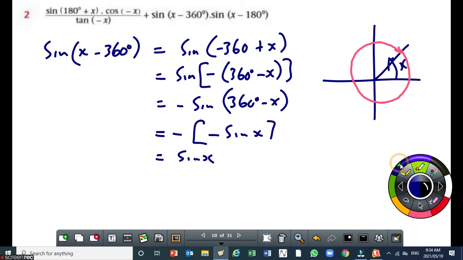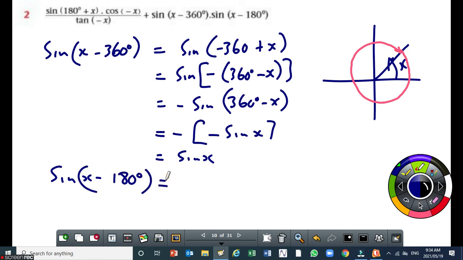Okay? So theta minus 360 is in the first quadrant. Theta minus 180. Then let's do sine of x minus 180 degrees.